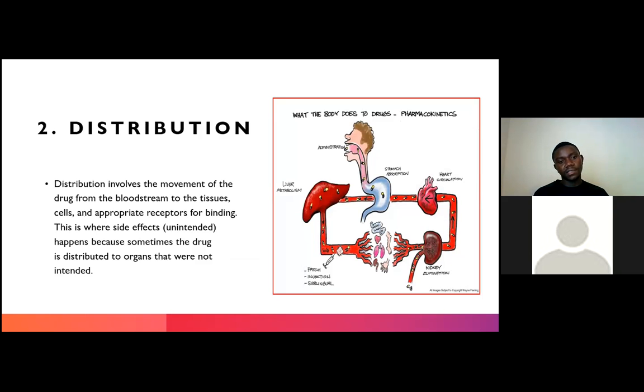And here is when an intense side effect happens, because now the medication is being distributed throughout the body, and through the distribution process, some organs or receptors are very sensitive to certain medications. That's where you get the nausea, the vomiting, things like that.